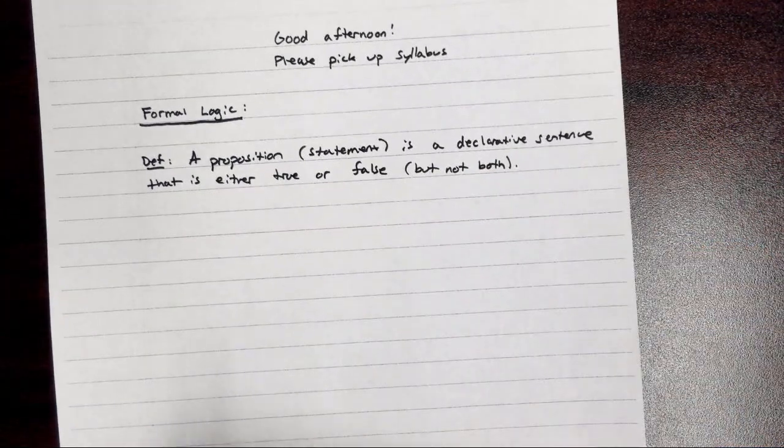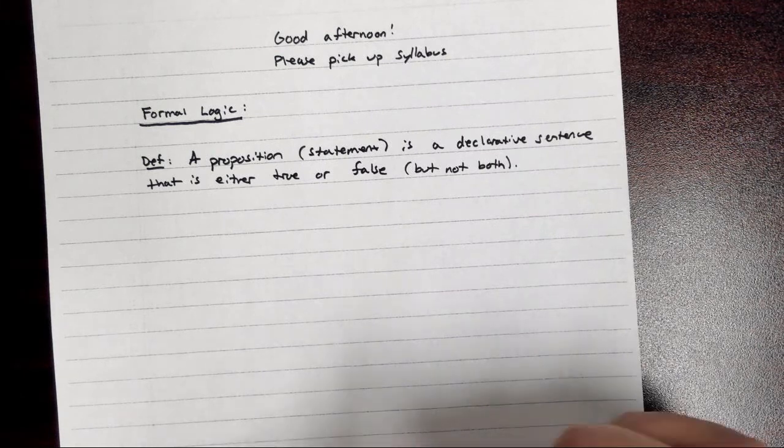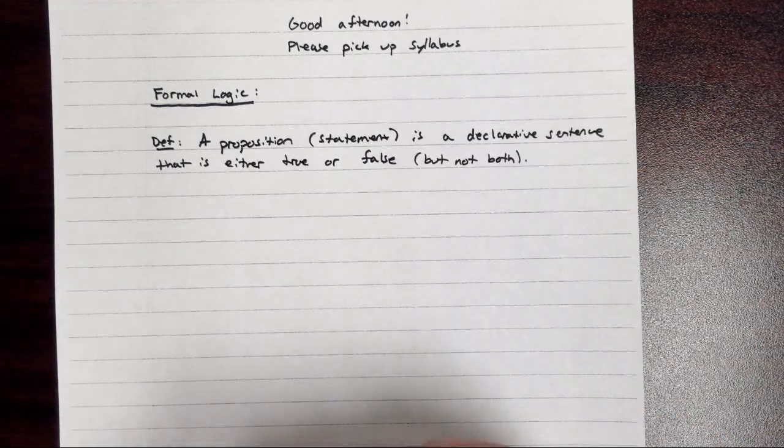So we're not doing any of those, the following sentence is false, true or false situations like that. So we're saying a statement is just something that's either true or false.